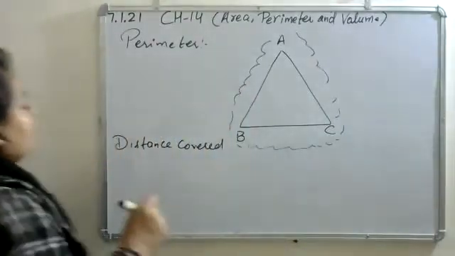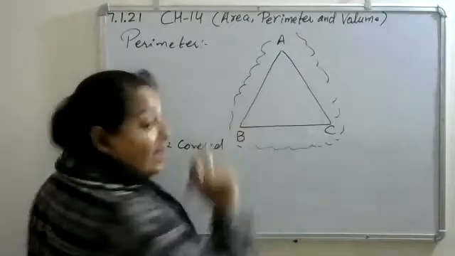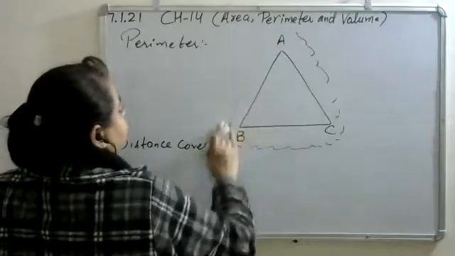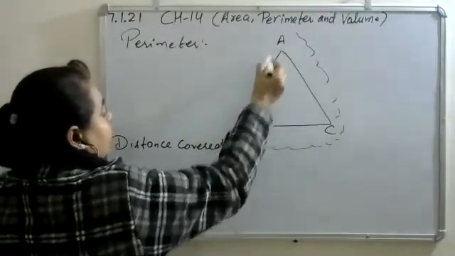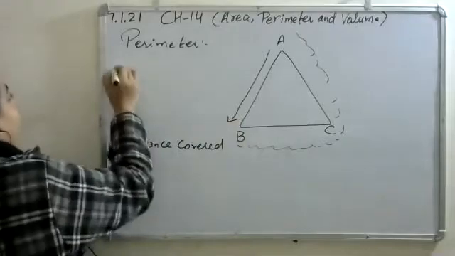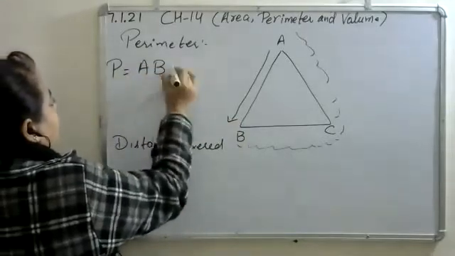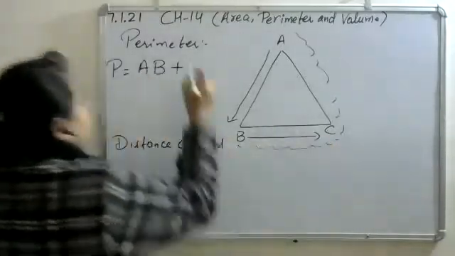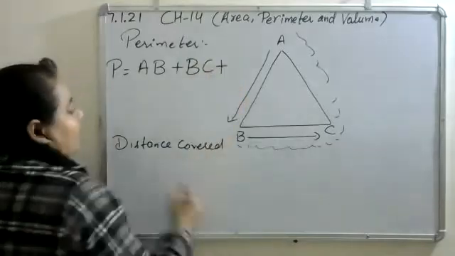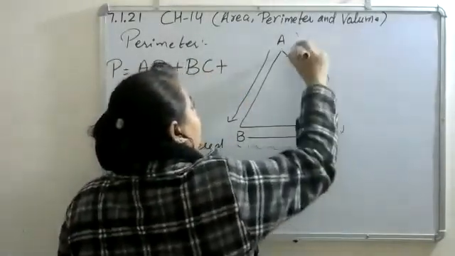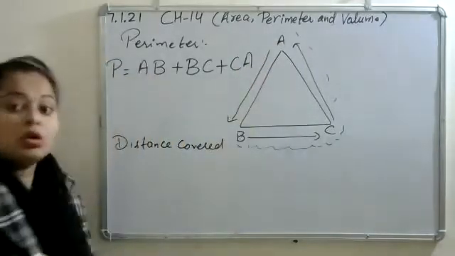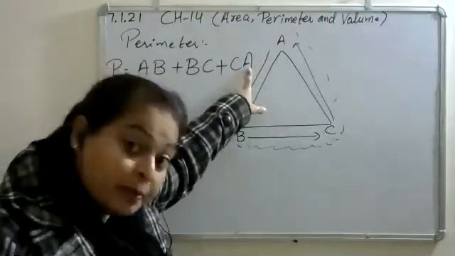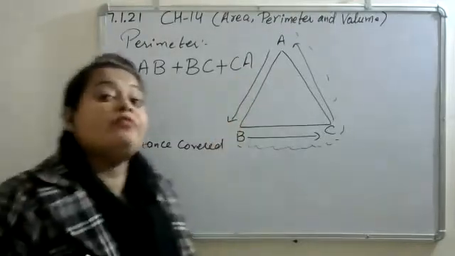Now, look here. If I am talking about this triangle, then the outer boundary is A to B. So perimeter is A to B plus B to C plus C to A. Look, I started from A, and where did I end? At A. So this is the concept of perimeter.